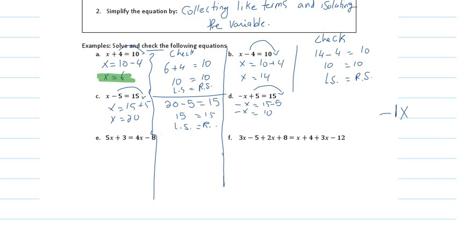Negative 1x means negative 1 times x. What's the opposite of multiplication? So I have to divide by negative 1. So these cancel, and x equals negative 10, because 10 divided by negative 1 is negative 10.